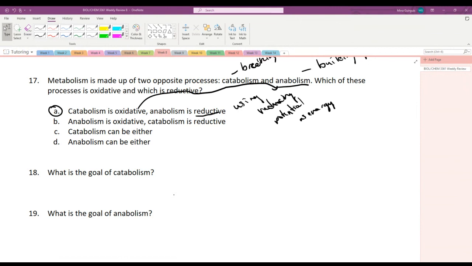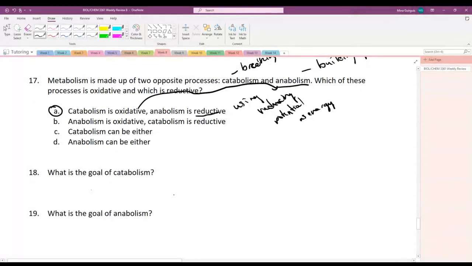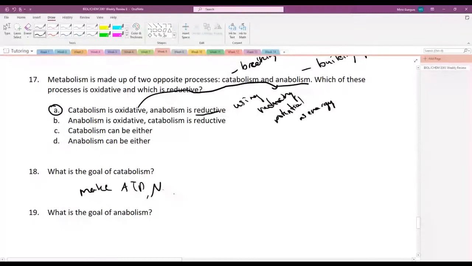Okay? And we're going to go into some details later, but the reason they have to be energy-poor, let's think about that. If they're energy-poor, that means we got all the energy out of them. Okay? And that energy is in our reducing agents, in things like NADH and NADPH, which can be reduced and give us that power. So basically it's to make ATP, NADH, and NADPH.